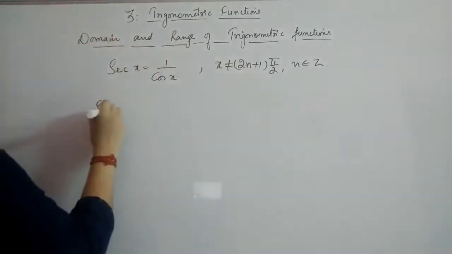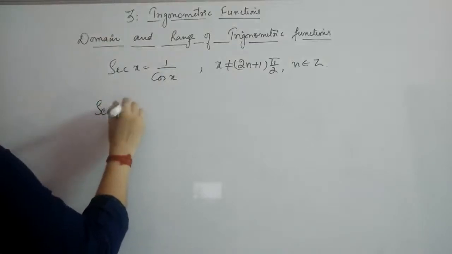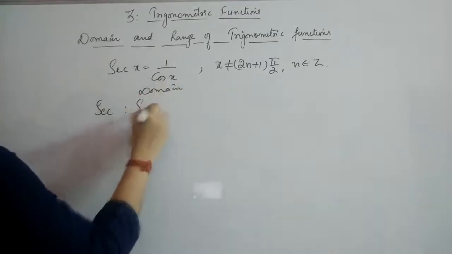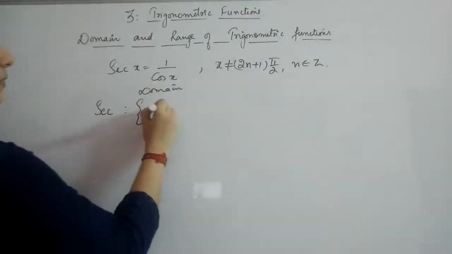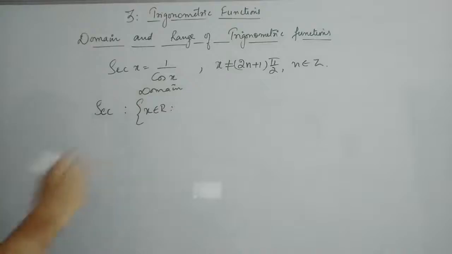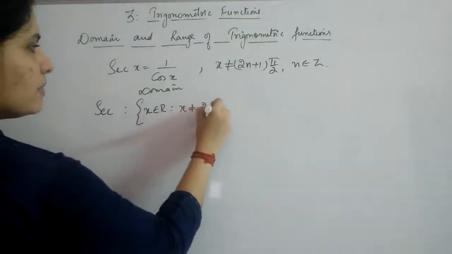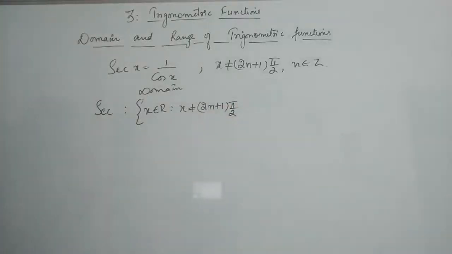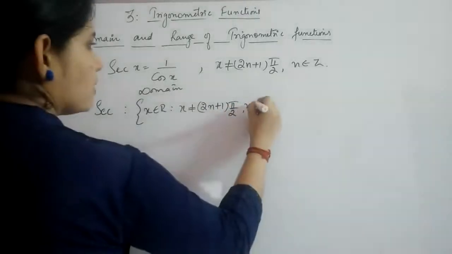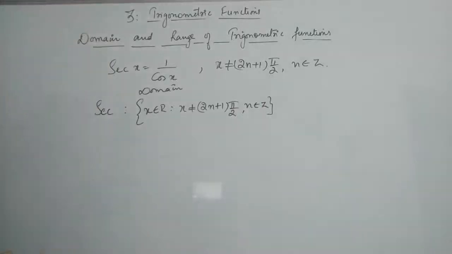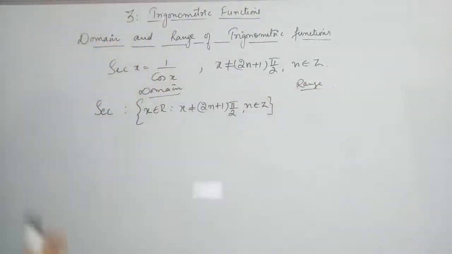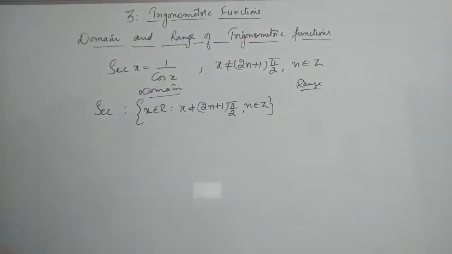So this condition acts as the domain of sec x. When I write the sec function, the domain will be those x values from the real number set which are not odd multiples of pi by 2, that is, x is not equal to (2n plus 1) into pi by 2 where n belongs to Z. For its range, you will have the same condition as for cosec. Why?